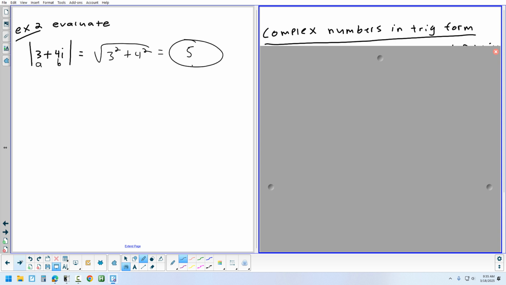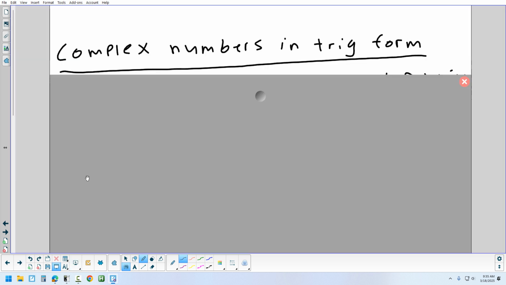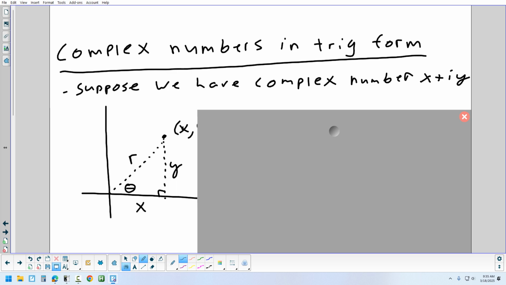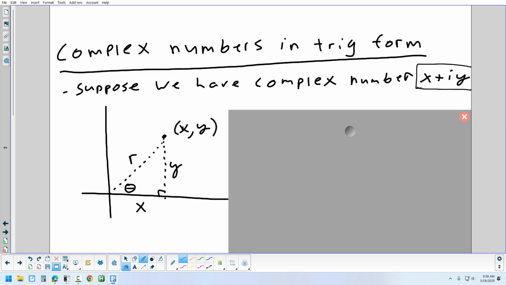Okay. So now we've got to talk about something else that we need. What I've done here is I've drawn a diagram again of a complex number. This is the complex plane. I wrote my number, instead of a plus bi, using x and y, because I think if I use x and y, you'll associate x better with being horizontal and y with being vertical.